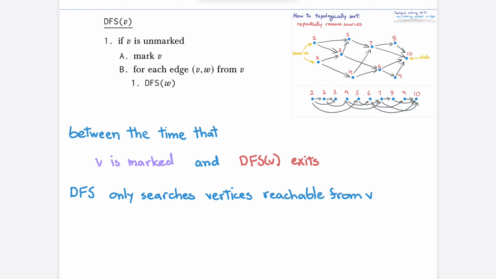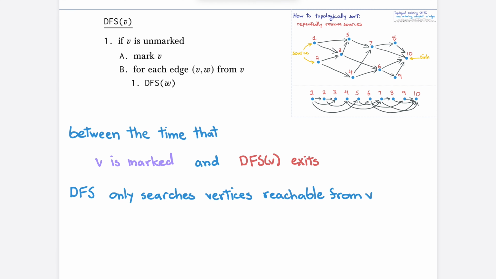I want to put that side by side with what we learned about DFS. Between the time that I enter V and mark it, crawl the graph, and then exit DFS-V, we're only marking and searching vertices that are reachable from V. We mark all the vertices reachable from V, but we're restricted because we're always following some path in the graph.